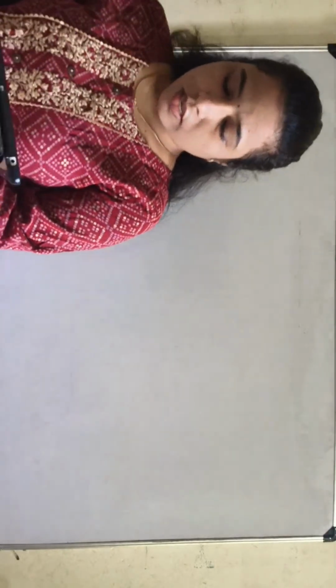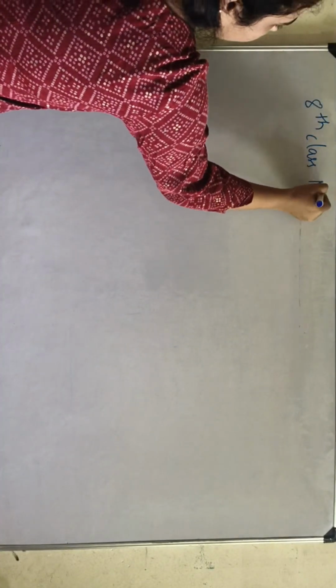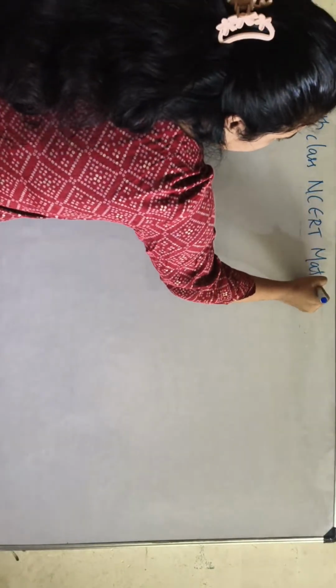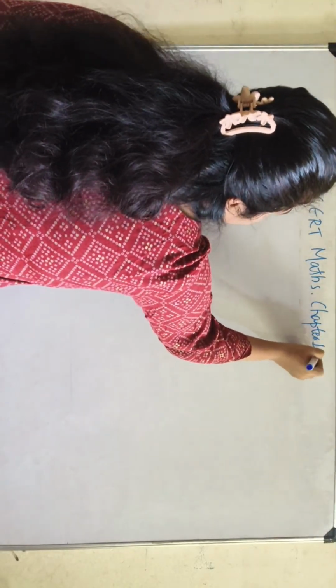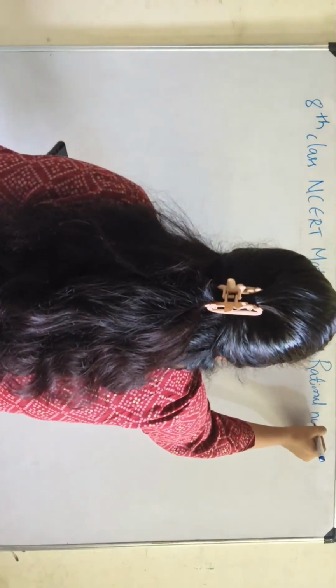We are doing the 8th class maths exercise 1.1. 8th class NCERT maths, that is chapter 1 about the rational numbers.